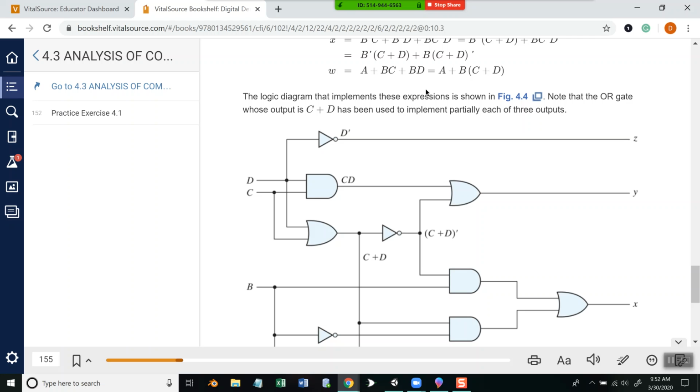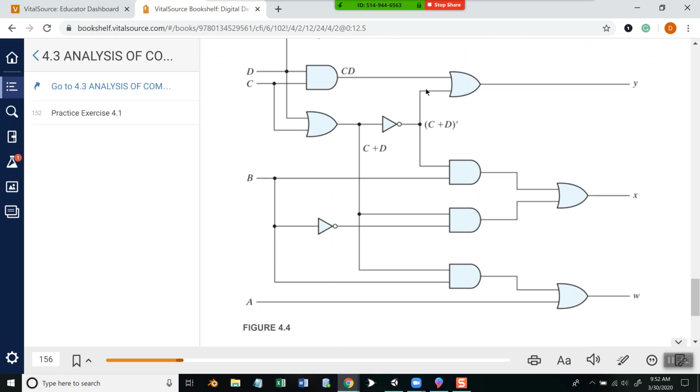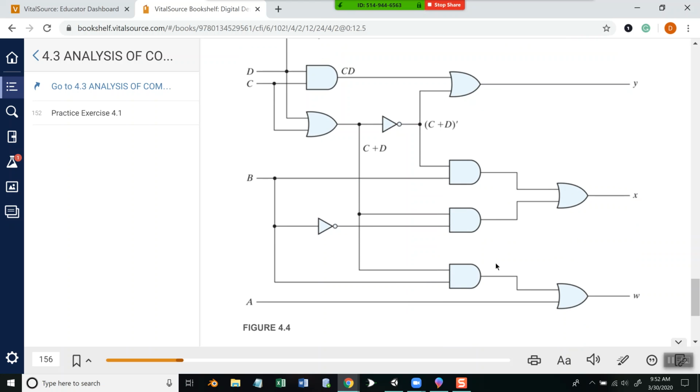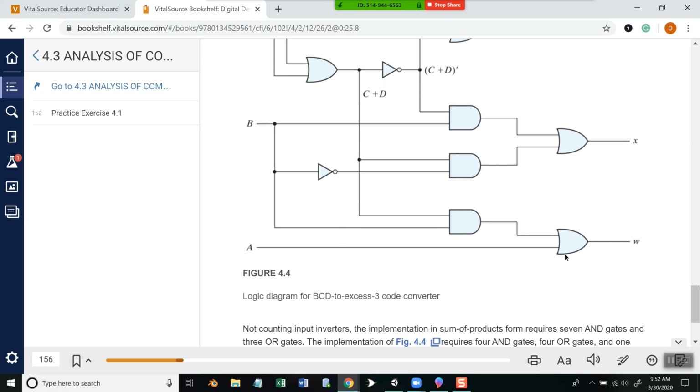W is A plus, and the plus is our OR gate. B times C plus D, C plus D is coming in there. And then B times C plus D is coming in there. So that's a logic diagram.